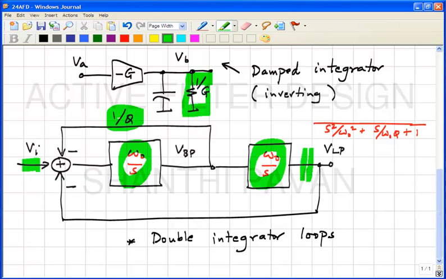And therefore the phase margin reduces, which is equivalent to saying that the poles have become closer to the j omega axis. Which poles? The open loop poles or the closed loop poles? The closed loop poles have become closer to the j omega axis, which is equivalent to saying that the quality factor of the poles has increased.